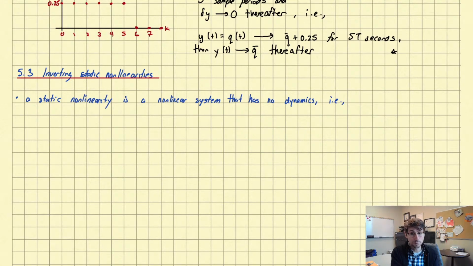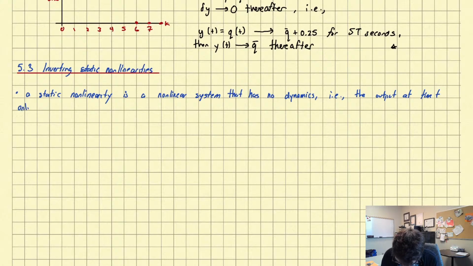It does not depend on previous values of the input. So i.e., the output at time t only depends on the input at time t, okay? Not previous values of the input. And let's do an example to kind of illustrate that idea.